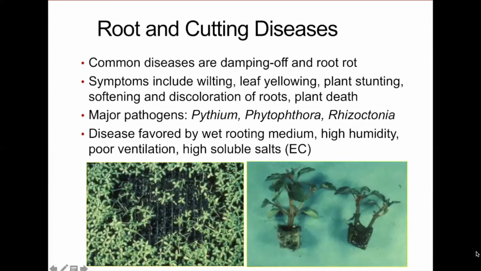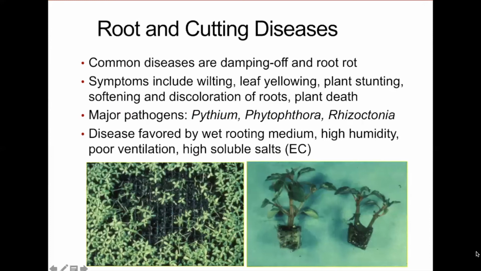And these diseases favor very wet rooting medium, long-term moisture. So you don't want to have that moisture continuously be wet. We need a little bit of dryness, but we don't want the whole entire root system to dry out. So we really want to find that happy medium. High humidity, poor ventilation. And the poor ventilation usually occurs if you look on the left of that picture.